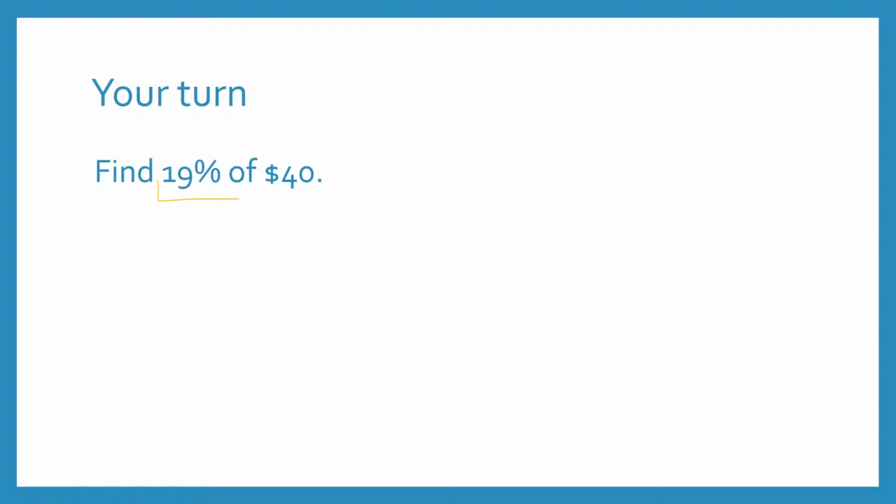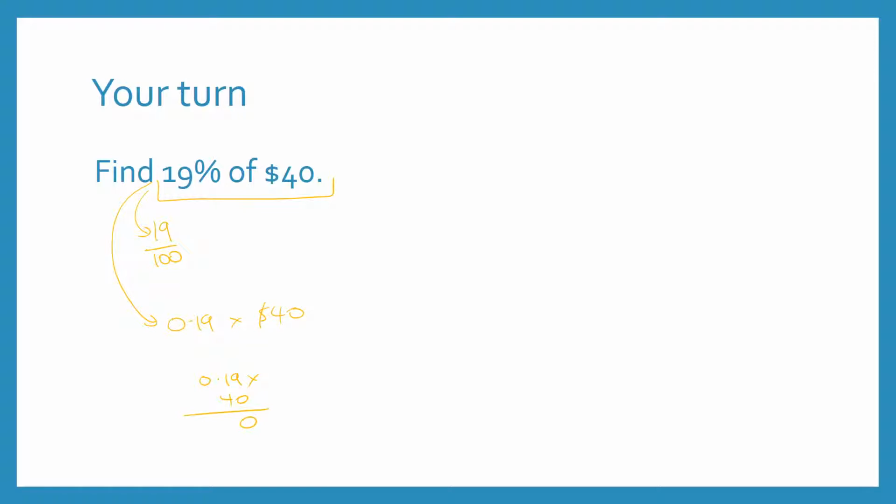Okay, this time find what 19% of $40 is. Okay, so for this one, our fraction of 19 over 100 is potentially less useful. I would go straight to the decimal. So you get 0.19 times $40. So we'll set this up as you would a normal multiplication. 0.19 times 40.